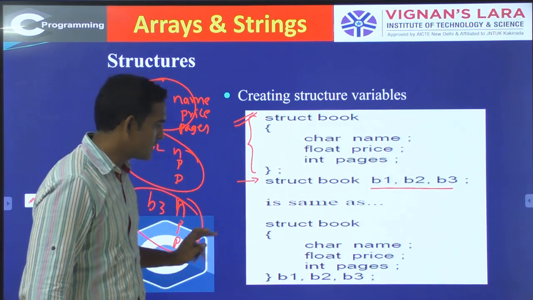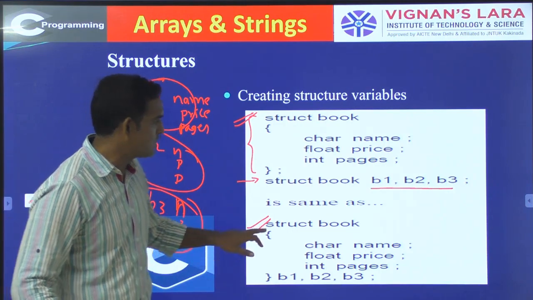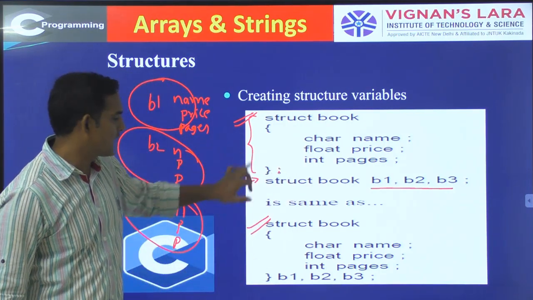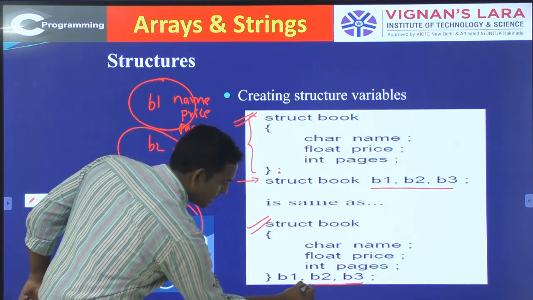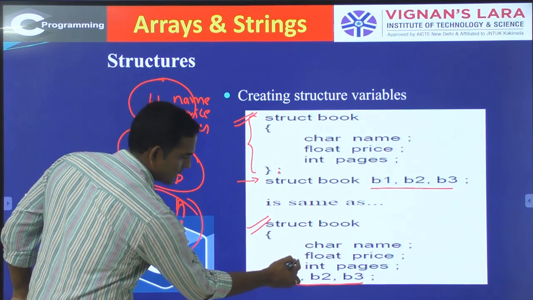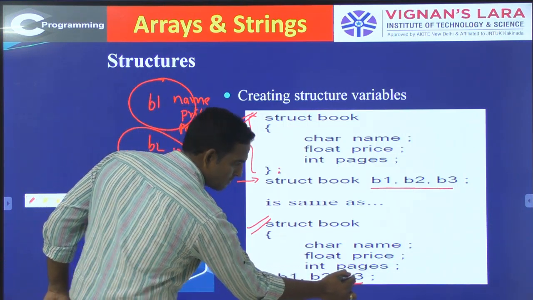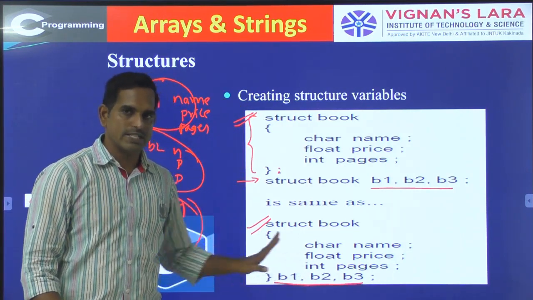There is another method. While declaring itself, you can declare the structure variables. You are placing a semicolon here in your declaration. Before placing the semicolon, you can create the variables here. Once after writing the structure, close brace, b1, b2, b3, semicolon. In this way also you can create your structure variables.